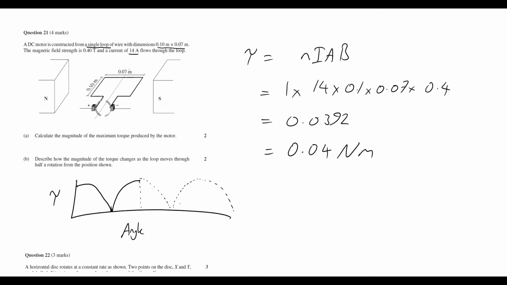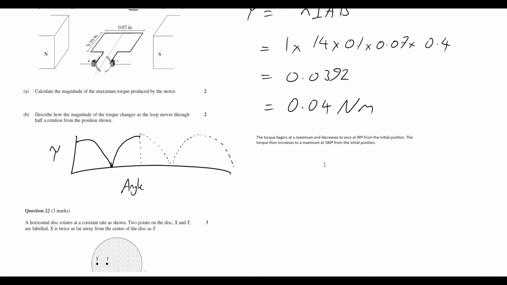So now if we wanted to write that out, we could write it something like this. We can say the torque begins at a maximum and decreases to 0 at 90 degrees from the initial position. The torque then increases to a maximum again at 180 degrees from the initial position, since that would now be the entire rotation all the way to the other side.